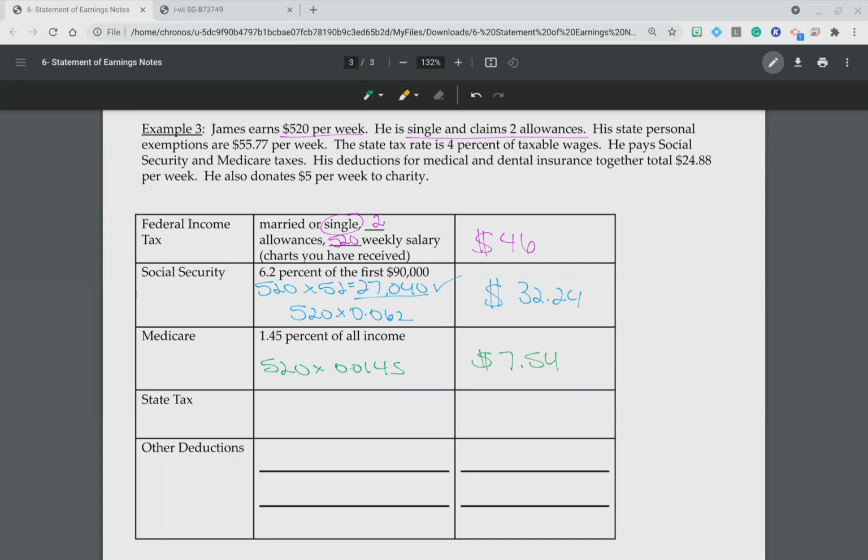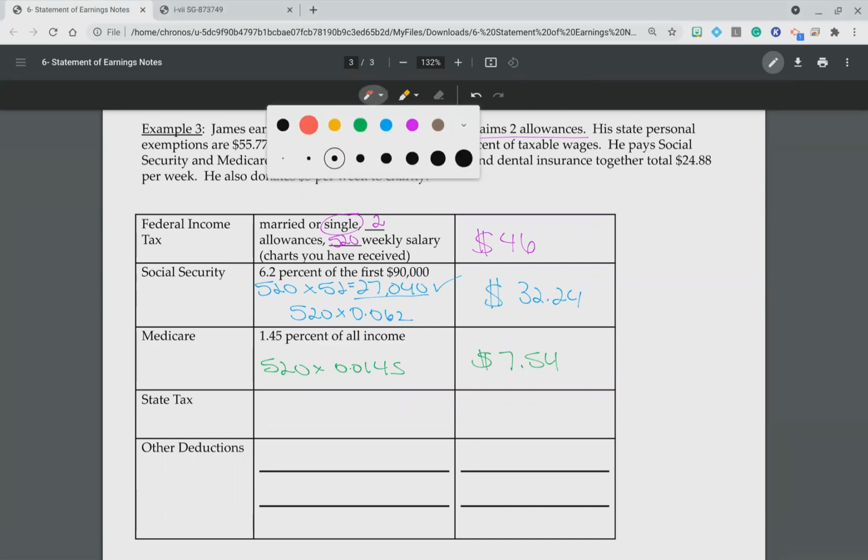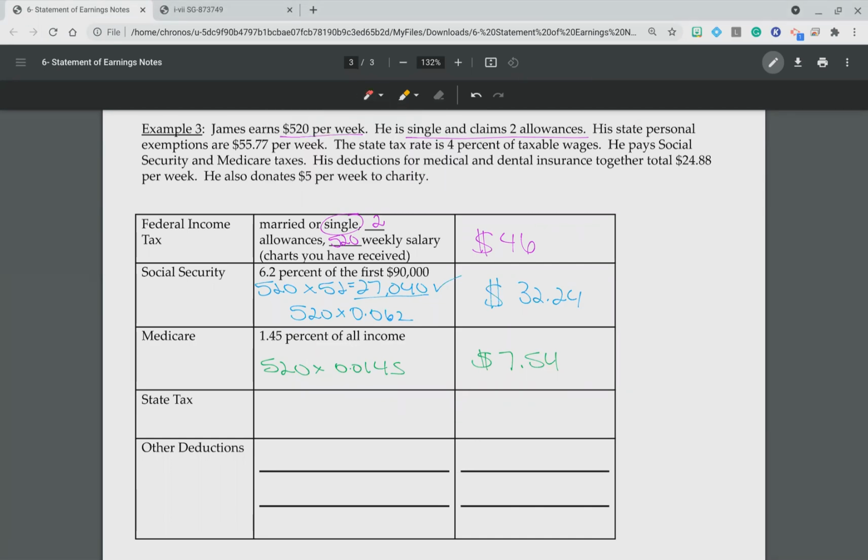Okay, next we're going to look at the state taxes. So in the problem, remember they told us the state tax rate is 4% of the taxable wages, and he had an exemption of $55.77 from his state taxes. So remember, first we have to find our taxable income.